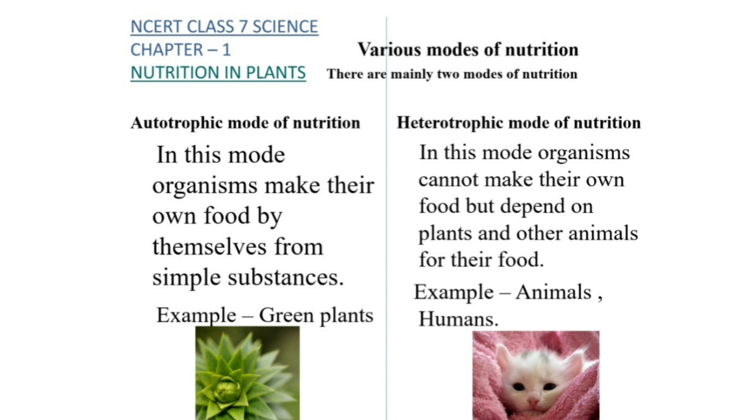In autotrophic mode, organisms make their own food by themselves from simple substances. Example, green plants. And we can see a picture on the screen. And in heterotrophic mode of nutrition, the organisms cannot make their own food but depend on plants and other animals for their food. Example, animals and humans. And on the screen, we can see another picture of a cat.